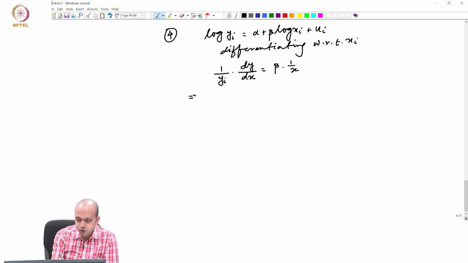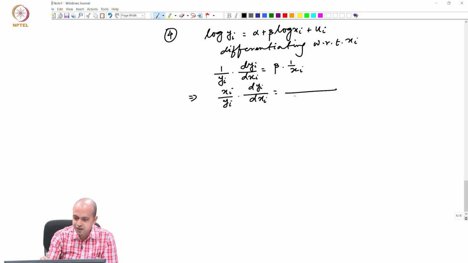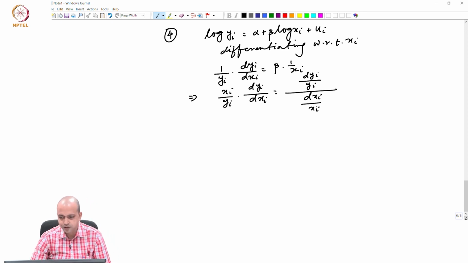If you multiply both sides by xi, you will get xi by yi into dyi by dxi, which you can write as dyi by yi divided by dxi by xi.